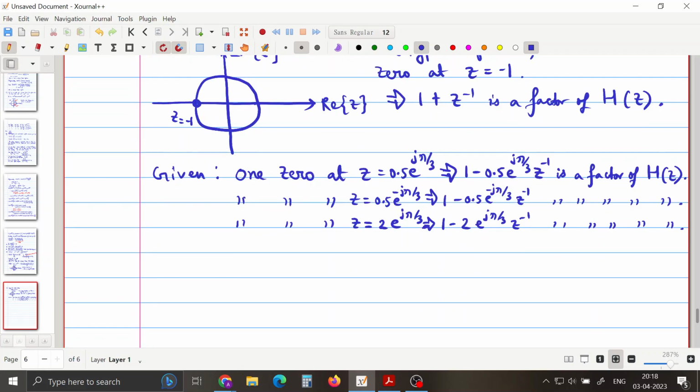And finally another zero would be present at z0 inverse, which is 2 times e power minus j pi by 3, and the factor would be this, right?